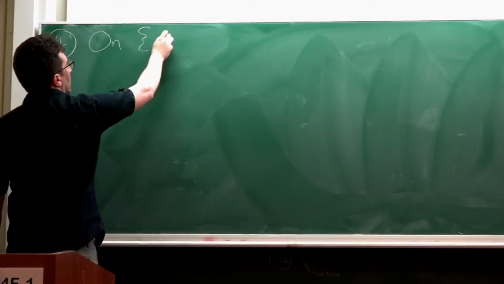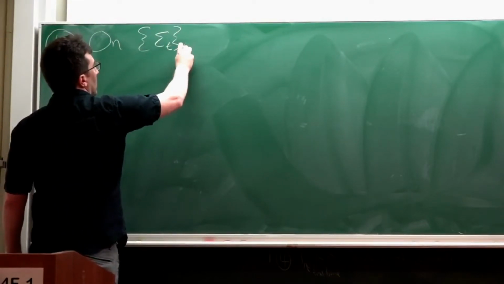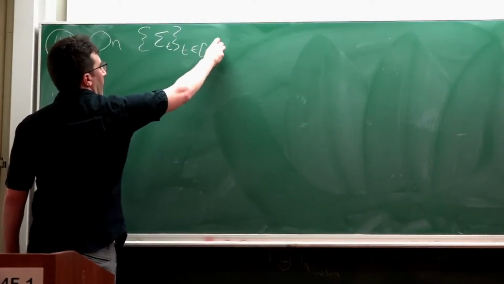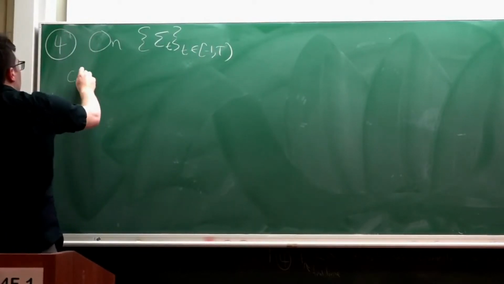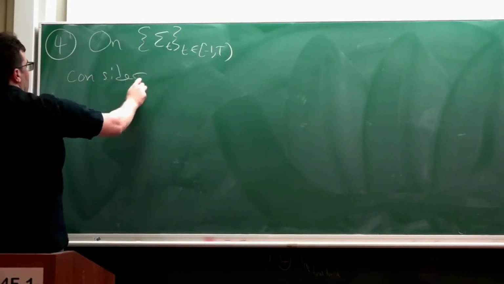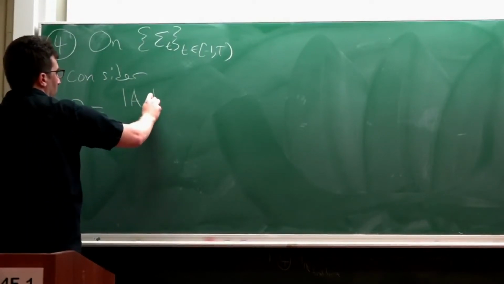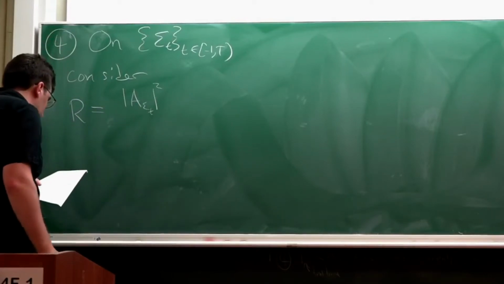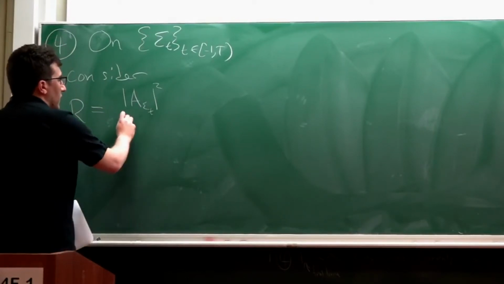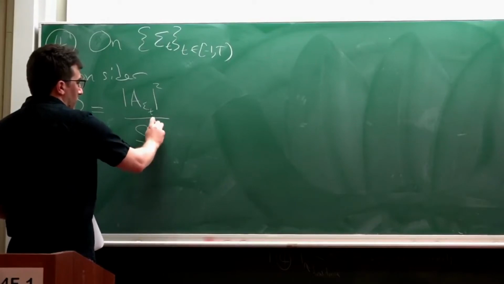On this flow, we're going to consider a certain ratio, R, which is the ratio of the second fundamental form squared of sigma t divided by this quantity S squared.